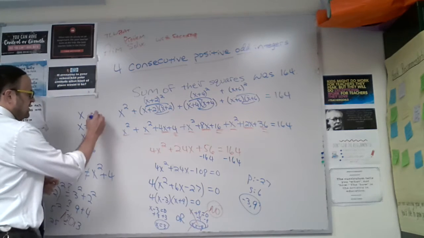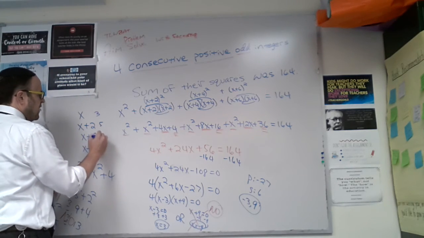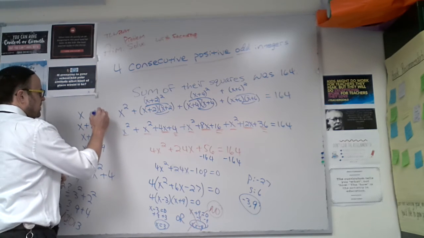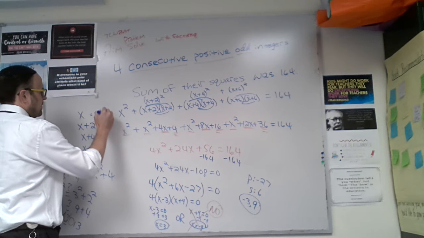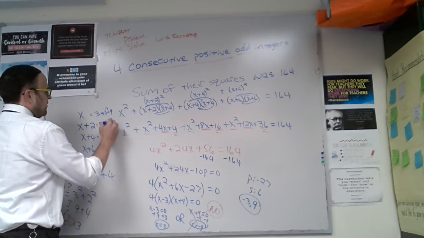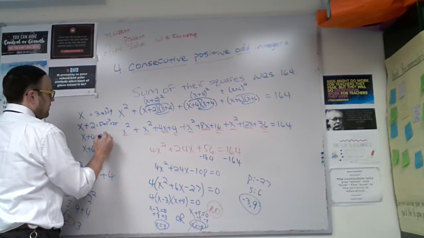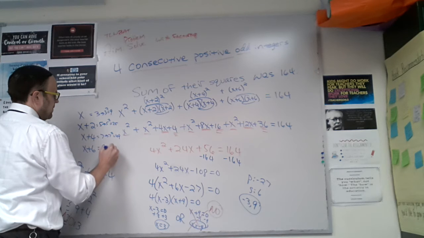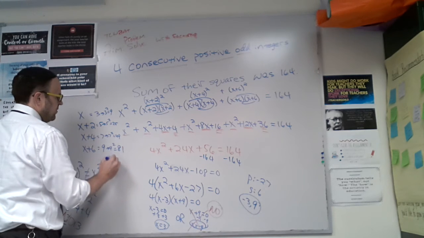So now let's take our 3, 5, 7, and 9. Let's just double check. 3 squared equals 9. 5 squared equals 25. 7 squared equals 49. 9 squared equals 81.